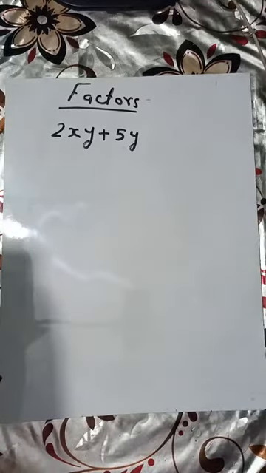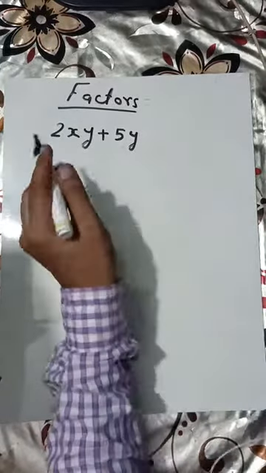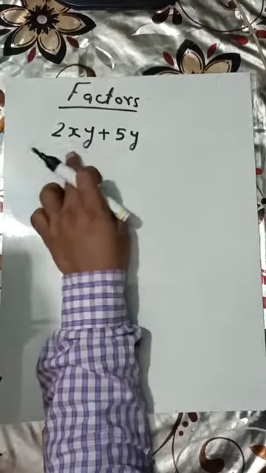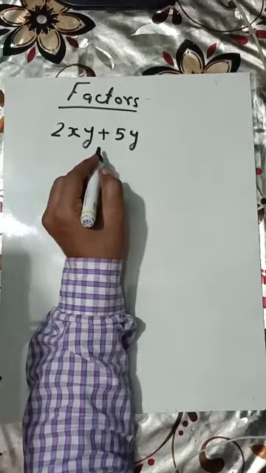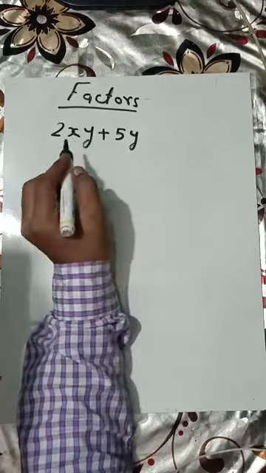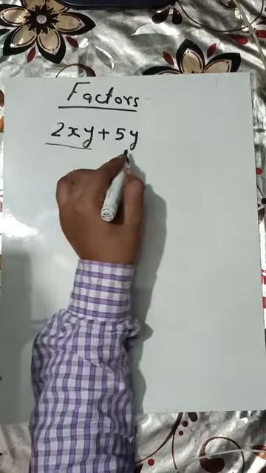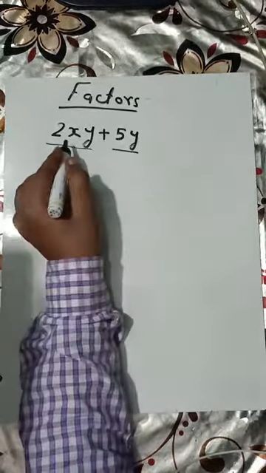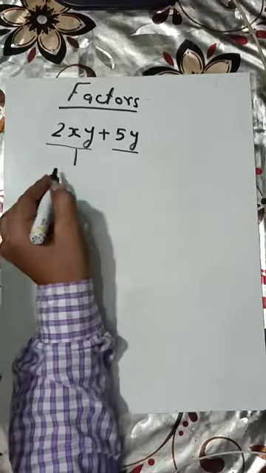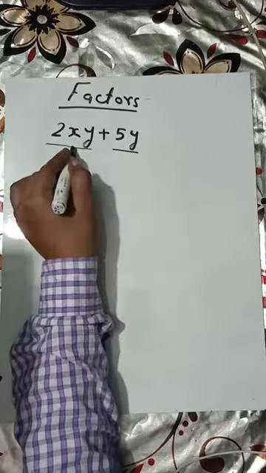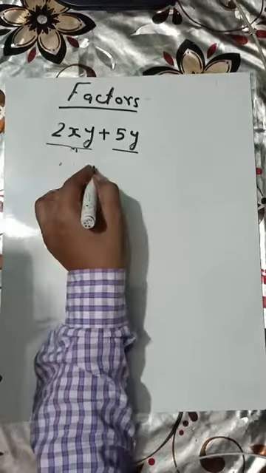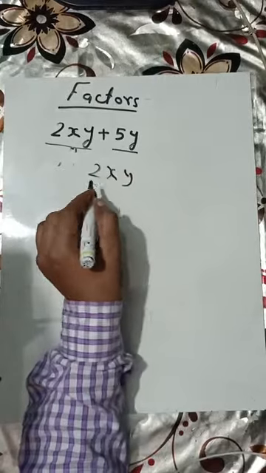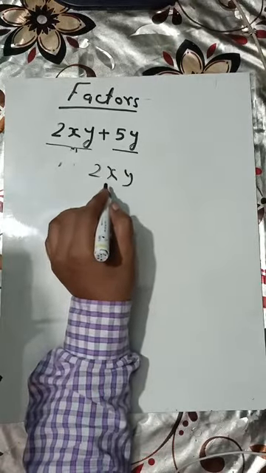Now the next topic is the factors. To explain this, I have written an algebraic expression here. It has got 2 terms, one is this and the other is this. Let us take this part first. If you see this 2xy, it can be further divided into 3 parts.